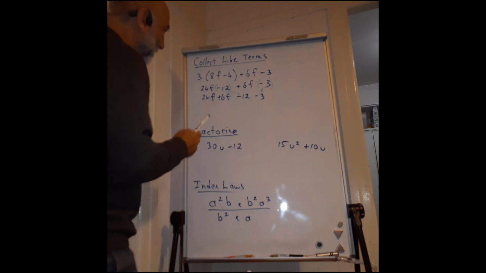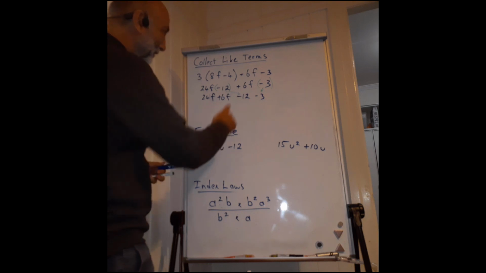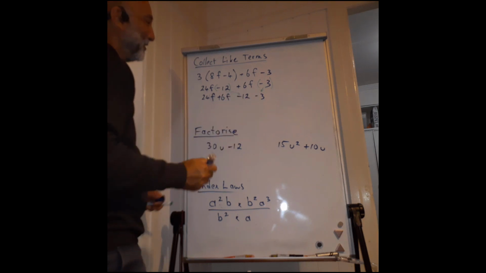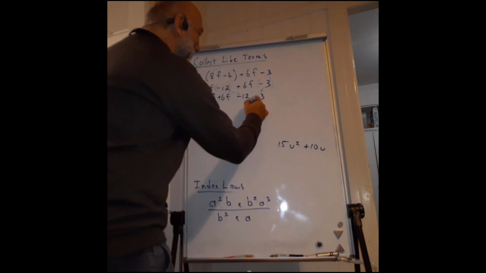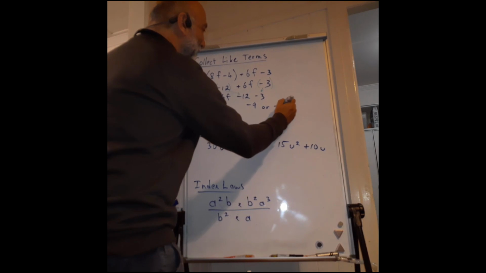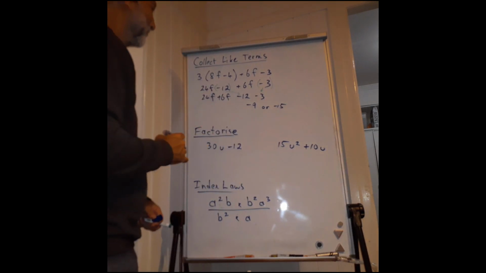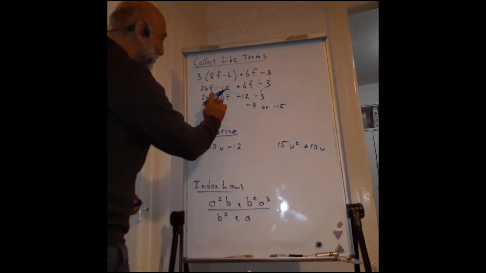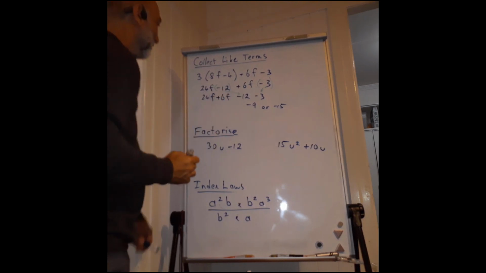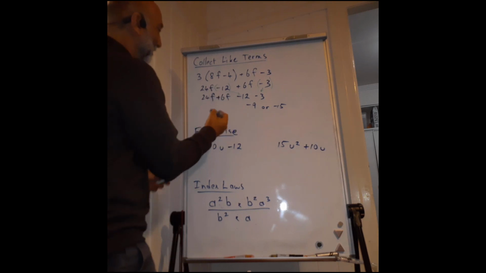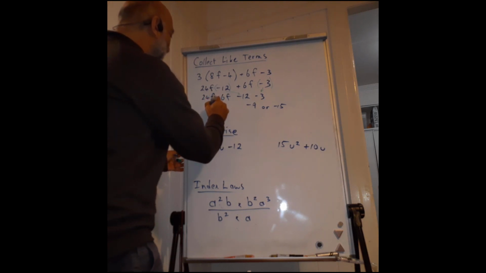Okay, so minus 12, minus 3. Is that a minus 9 or is that a minus 15? I'll let you think about that for a moment while I work out this one here. Let's just write this a little bit more neatly. Okay, so 24f plus 6f, that's 30f.